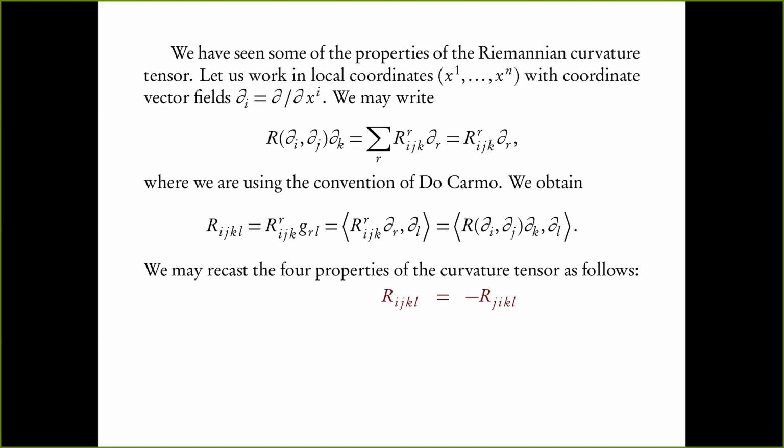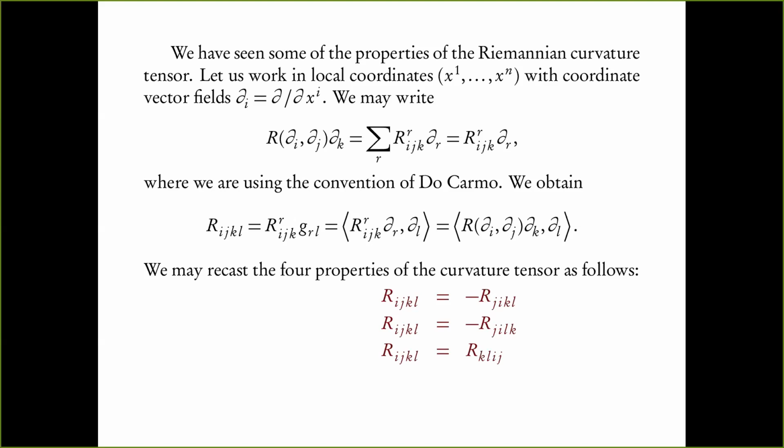So if I switch x and y, the Riemann curvature changes sign. This was the first symmetry. Another symmetry is that if I switch k and l to lk, there's a minus sign. And there's another symmetry, the last one in our previous list: if I swap ij and kl pairwise, it becomes R_klij and there's no change of sign.